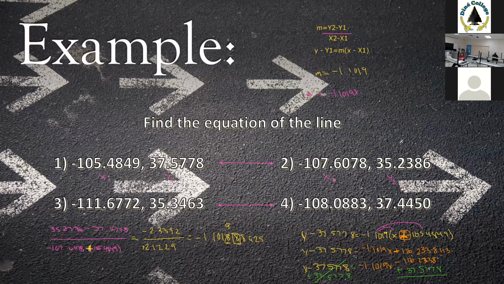And since we did our little equation right here, this is our new y-intercept, negative 78.656. So that's how you find your equation of the line. You need to go through several steps to get to your final product.